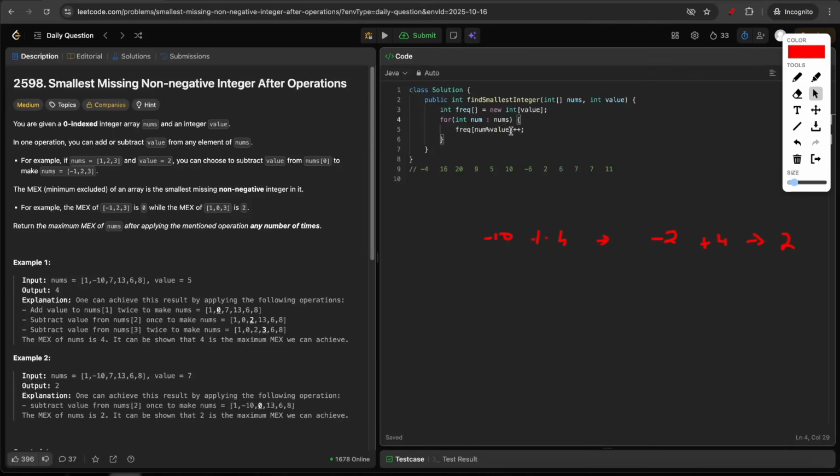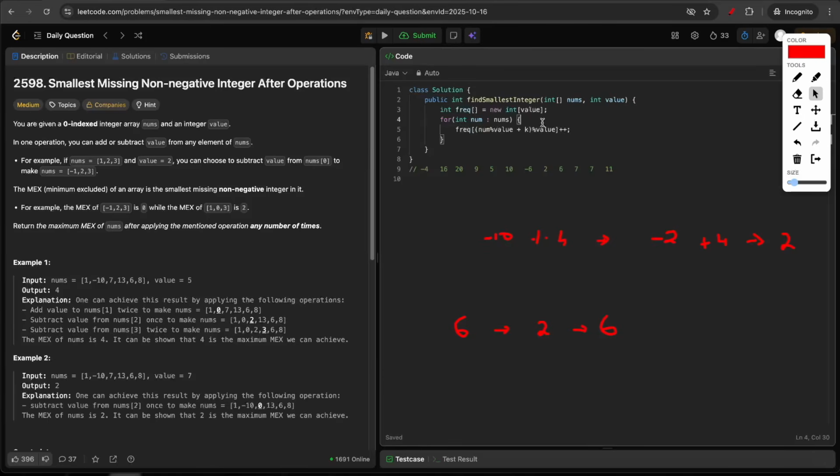So since the number can be negative, to make it positive, you'll just add the value, and then again you will take it mod, because it will again affect positive numbers. So suppose if my number is 6, and if I take mod with 4, it will become 2. So for the 2, if I add 4, it will again become 6. So to reduce this, we'll again take mod with value.